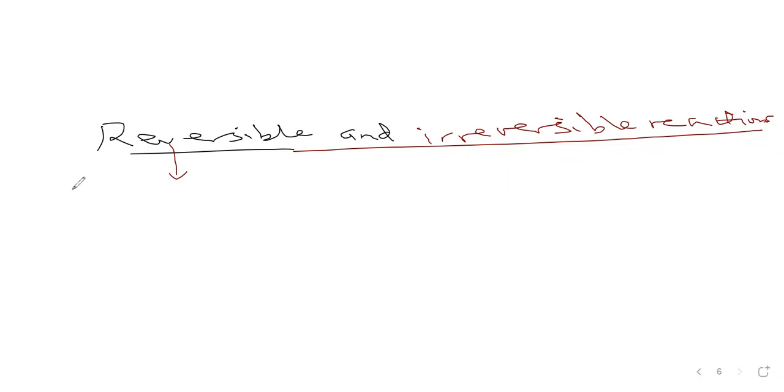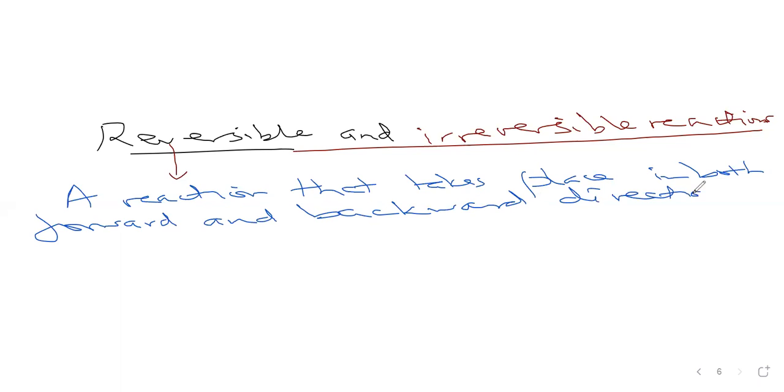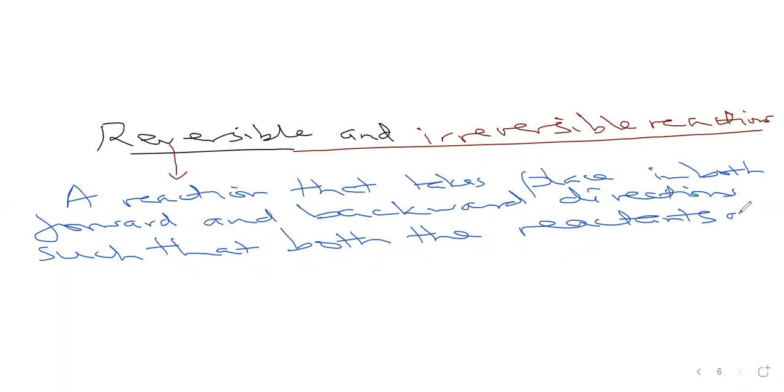When you talk of a reversible reaction, we mean a reaction that takes place in both forward and backward directions, such that both the reactants and the products are present in the equilibrium.